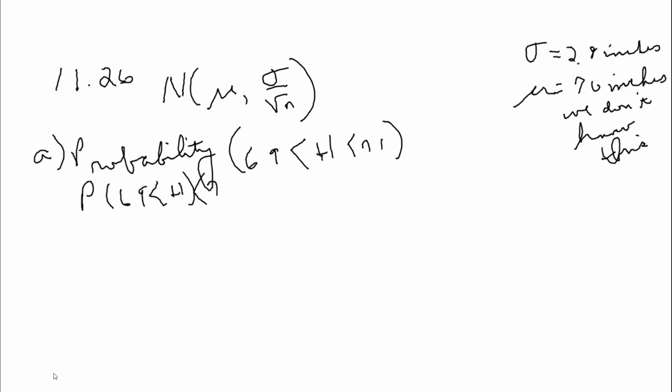Let me erase this here and do that again. So the P is the probability that H is less than 71 inches. That's what that looks like.